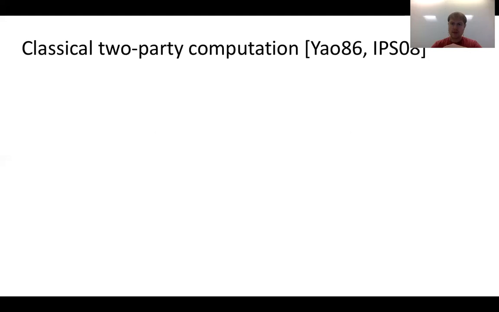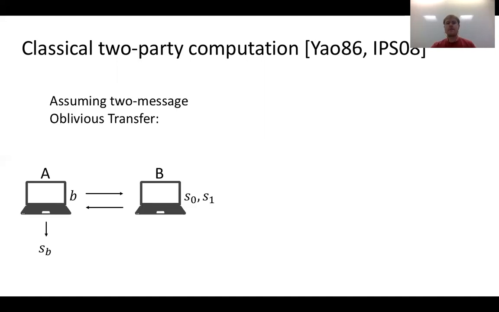So to begin with the two-party case, we'll first look at what's known about classical two-party computation. These results date back to Yao in the 80s, who showed that if you assume a two-message oblivious transfer protocol, and oblivious transfer is an extremely simple two-party functionality, where we have a receiver with a bit B, a sender with two strings, and the receiver at the end of the protocol learns one of the two sender strings, right?